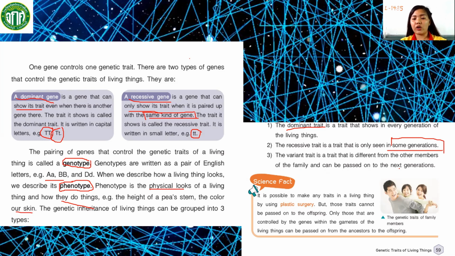So that is what we call a variant trait. And this variant trait can also be passed on to the next generation. Let's say, for example, you will have your own baby. There is a possibility that the dimple will be passed on to your children.